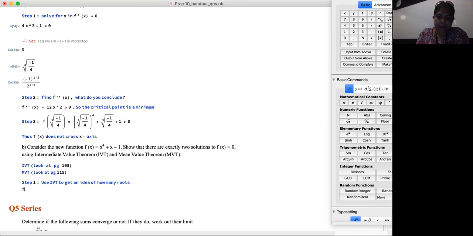Let's look at this. What is f of 0? Look at the function. It is -1. And then what is f of 1?